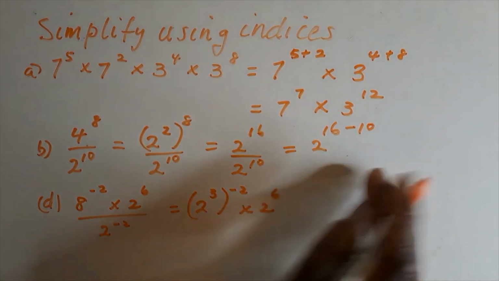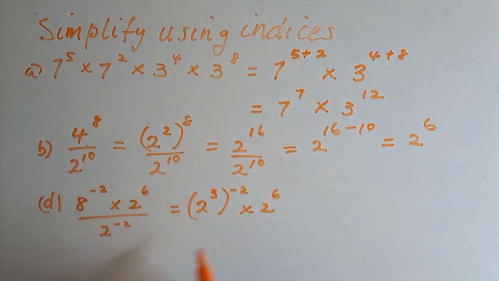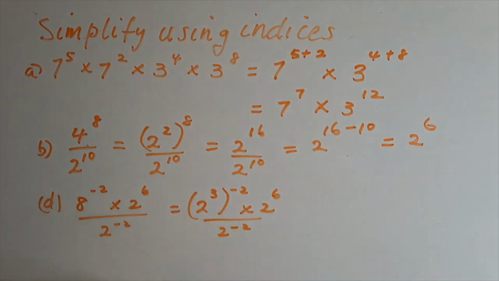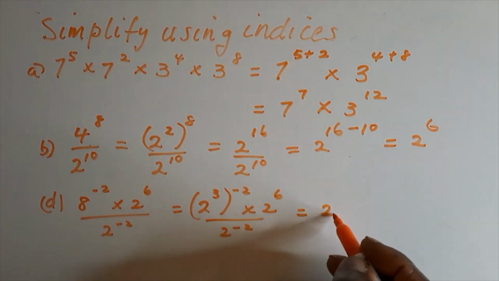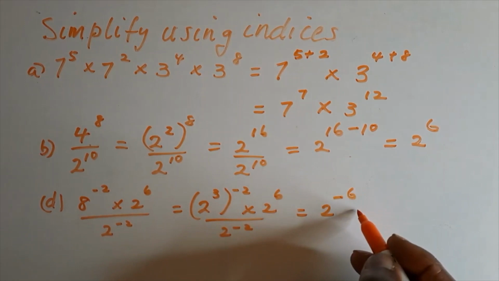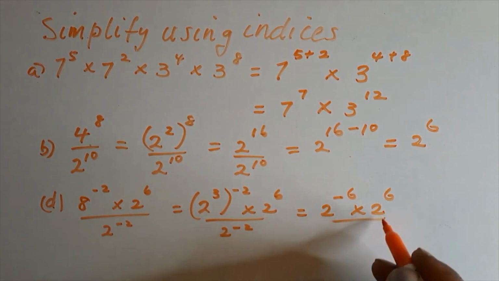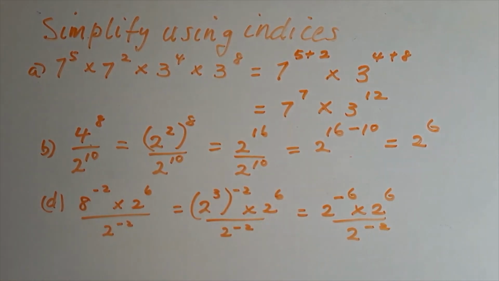Let's just write this over here, 2 to the 6, so it's not confused. In the denominator we have 2 to the minus 2. Now we'll clear the brackets here, which will give us 2 to the minus 6 times 2 to the 6 over 2 to the minus 2.